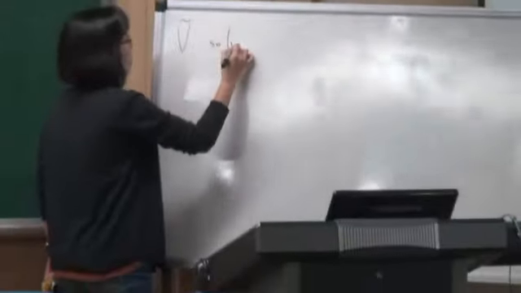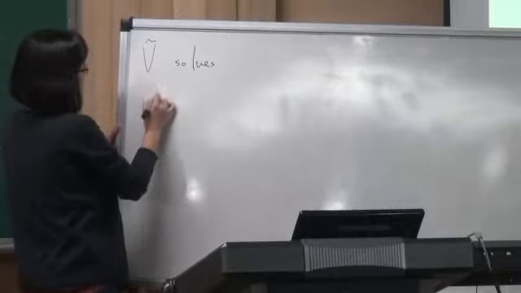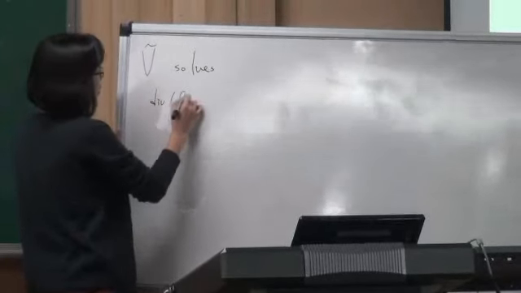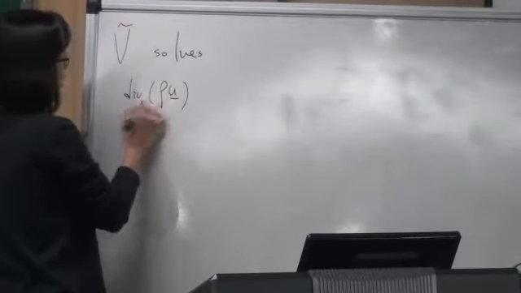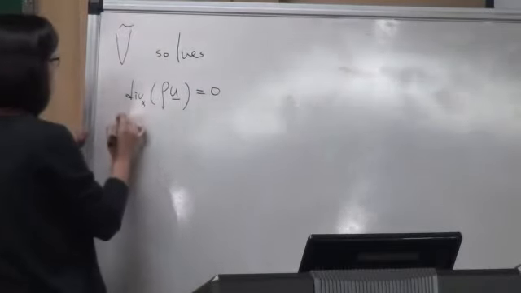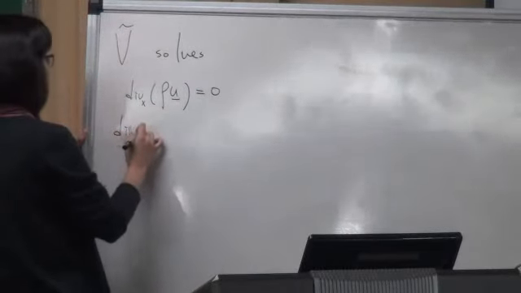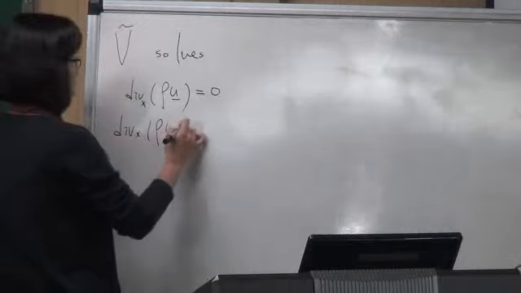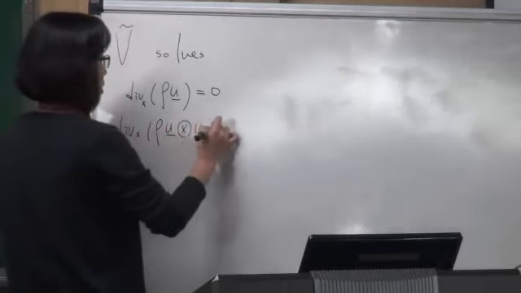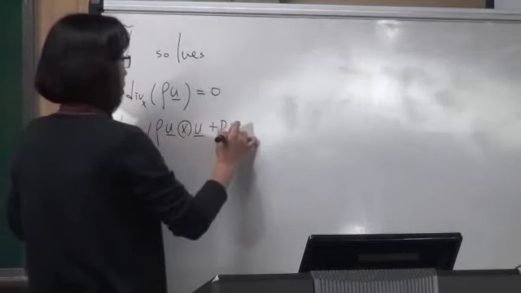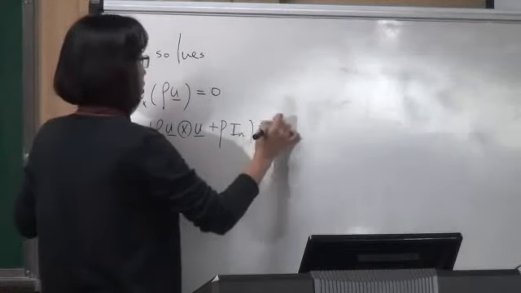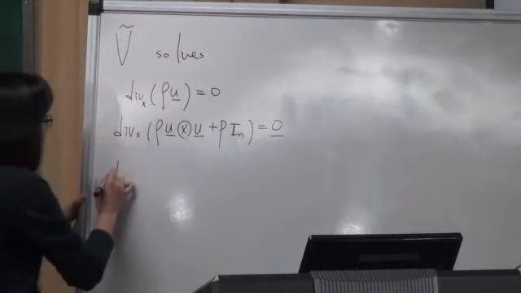So therefore v tilde now becomes the solution of the following. Here, divergence of rho u, so here I have x equals to 0. So this is a zero vector, and there is energy.